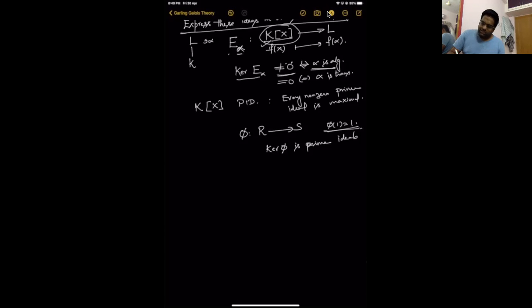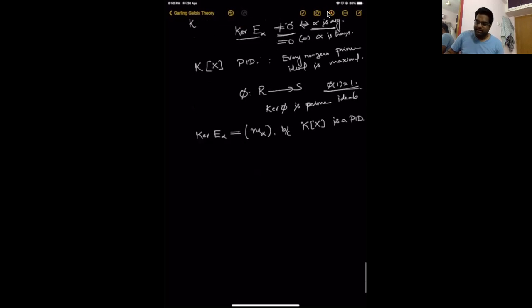On top of it, the kernel of E alpha is generated by a single element, let us denote it by M sub alpha, because K bracket X is a PID. So this M alpha can be taken to be monic.